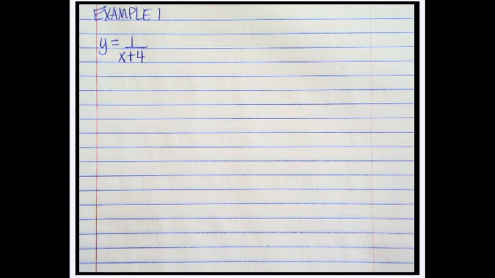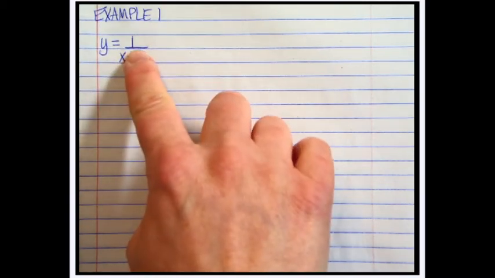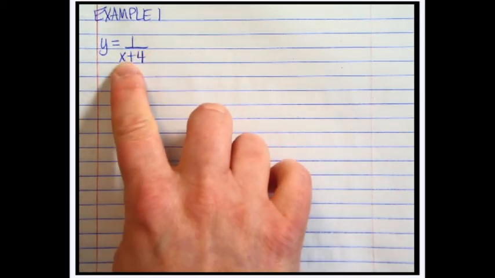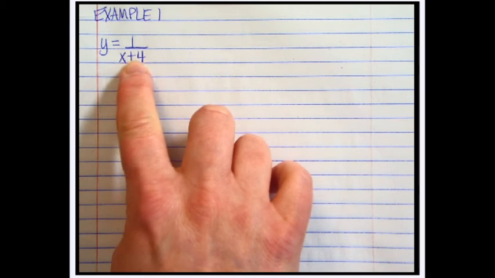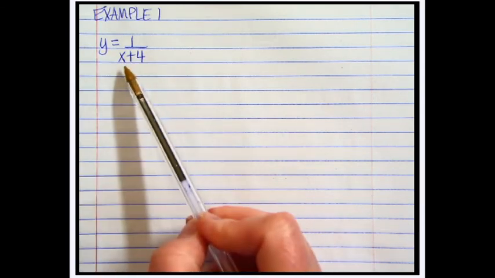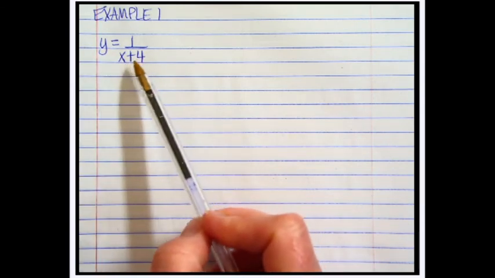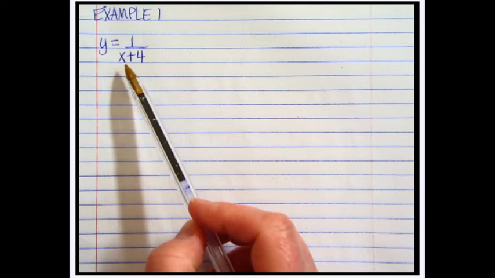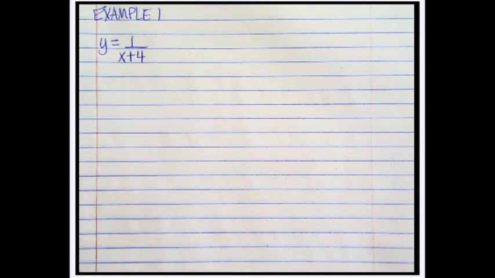This one we actually probably could answer from yesterday's exploration, because if we cover this up, it is our parent function. All we've done is added 4 to it, which is x minus a negative 4. So this is moving it left 4. That would affect our parent function's vertical asymptote. We should see it shift left 4. But our horizontal asymptote would have stayed the same because we don't have anything moving it up or down.